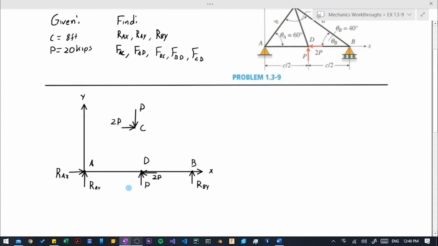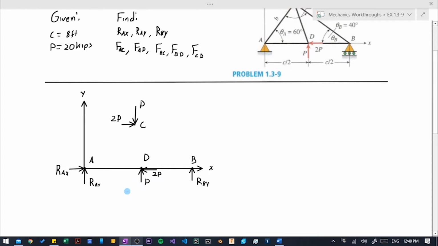Alright, and now let's talk about the distance between each of these points. So we are given the distance here as C over 2, and the same with here. We also need to know where C is located relative to the other points.